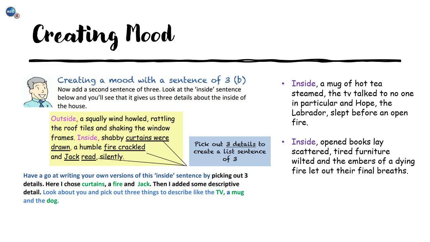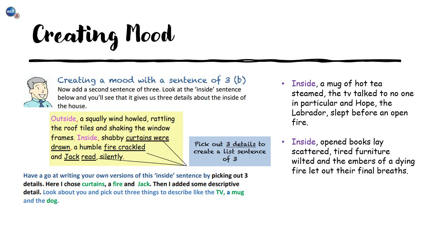I then looked at something different. Inside, open books lay scattered, tired furniture wilted, and the embers of a dying fire let out their final breaths. So I've created quite a dark, unwelcoming home this time. The idea of open books scattered makes it almost seem messy, abandoned, uncared for.